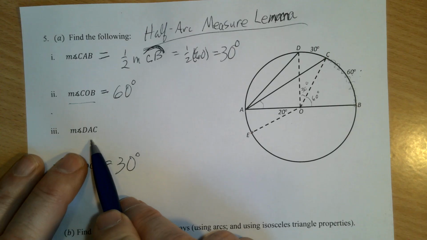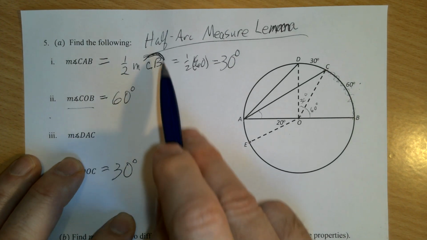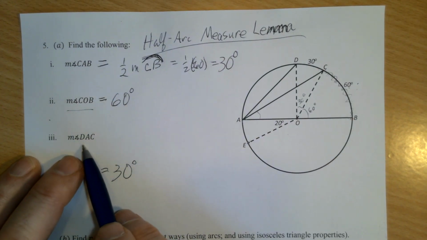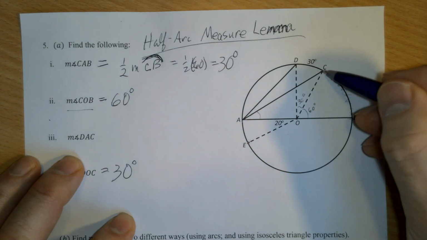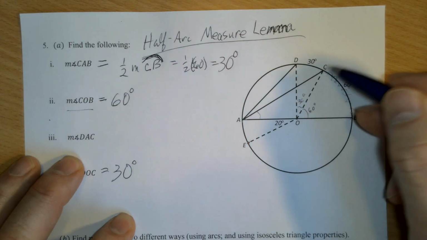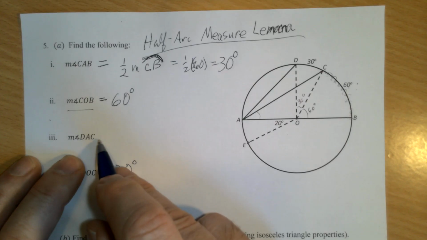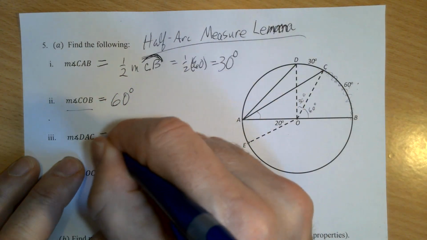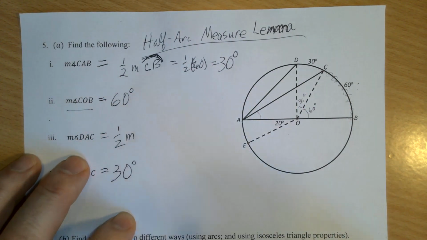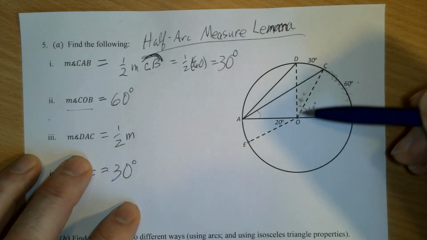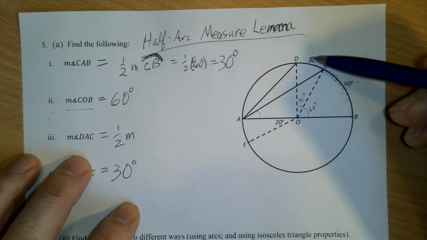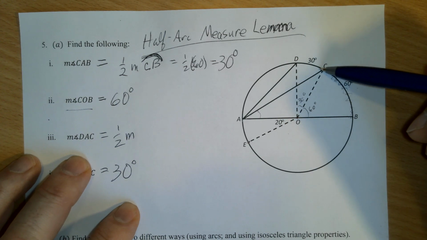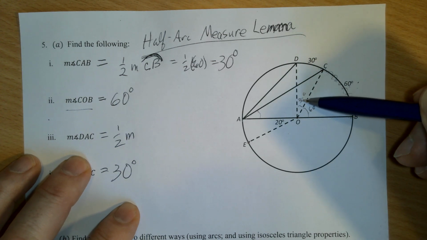Here, the same thing is going to happen for the same reason, half arc measure lemma. The measure of angle DAC is going to be 1/2 the measure of the arc from the central angle, which is 30 degrees. The measure of this arc is 30 degrees, which means the central angle has 30 degrees.